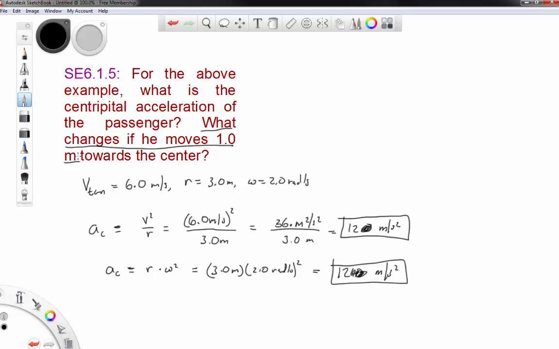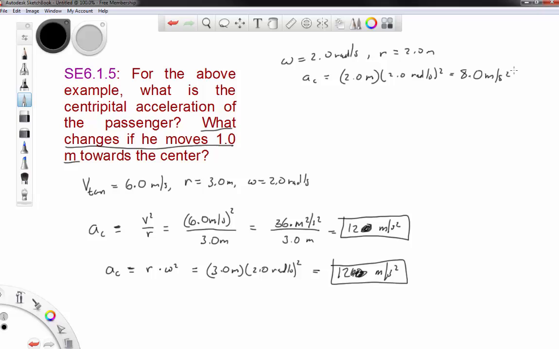So let's just take the case where he retains this angular speed of 2.0 radians per second, and he moves in to 2.0 meters. If that's the case, then the centripetal acceleration should be 2.0 meters times 2.0 radians per second, squared, and so that's going to be 8 meters per second squared.